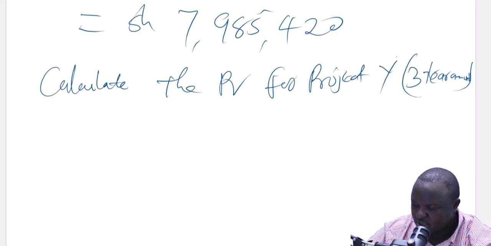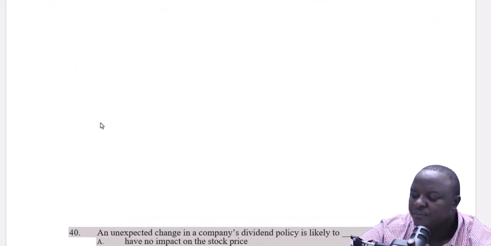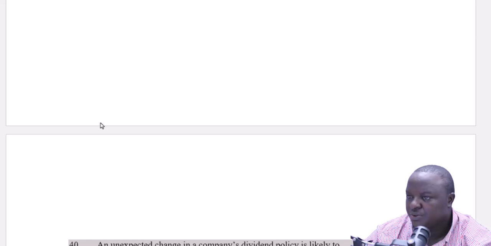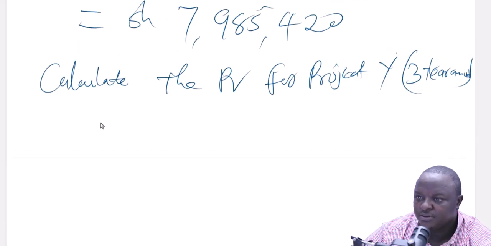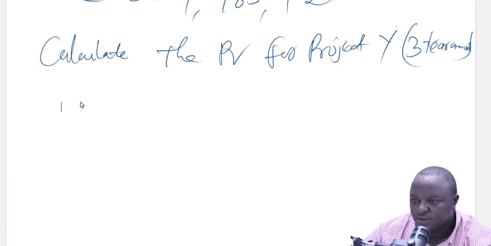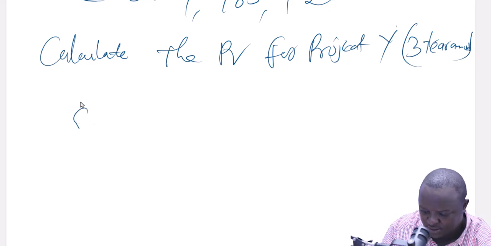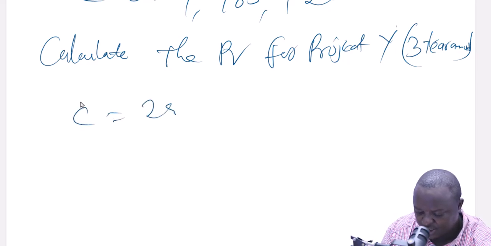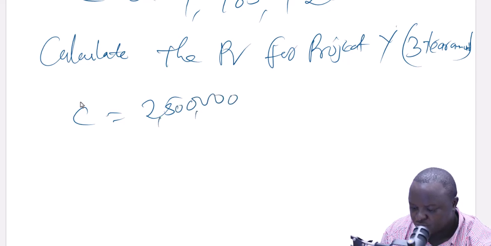In this project, you will find that the cash flow that we have been given here is 2,500,000, and the duration is 3 years.